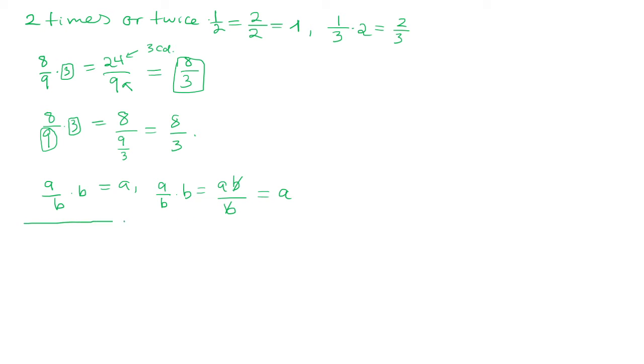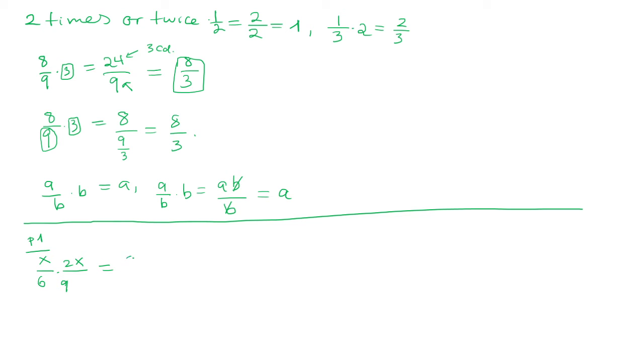Okay, let's try some practice problems. Suppose problem 1 right here. Suppose we have x divided by 6 multiplied by 2x divided by 9. In that case, we simply multiply the numerator with the numerator.